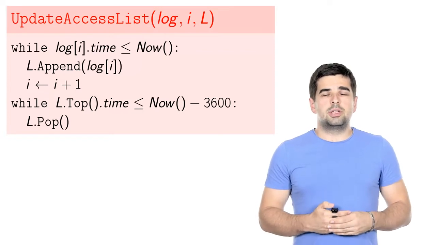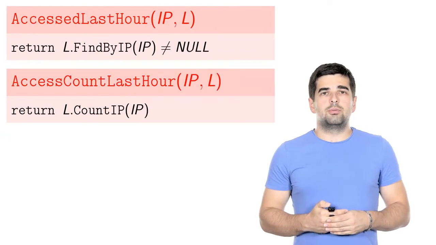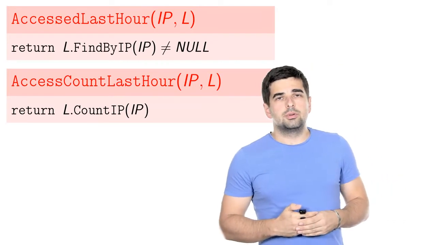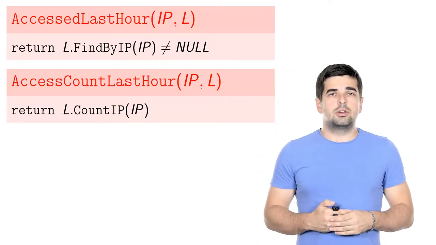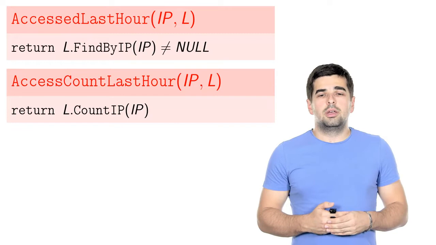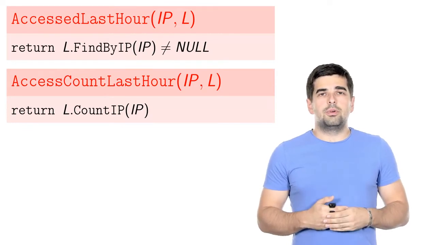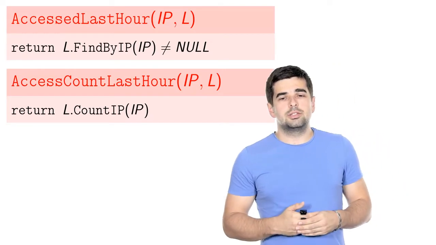So this is pretty simple, and now we need to answer questions like whether my IP address was used during the last hour to access the service, and how many times. To answer the first one, we just need to find out whether there is an element in our list with the given IP address.